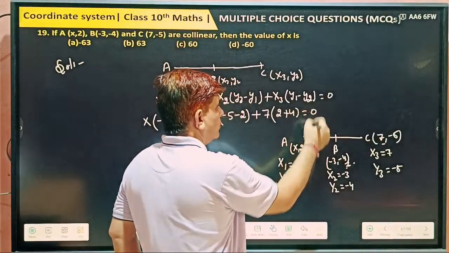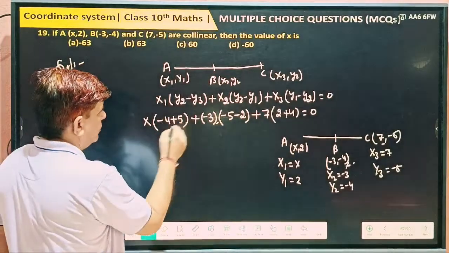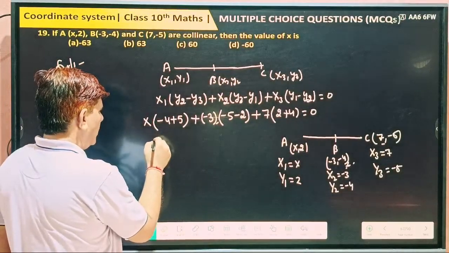This becomes equal to 0. So -4 plus 5 means 1.